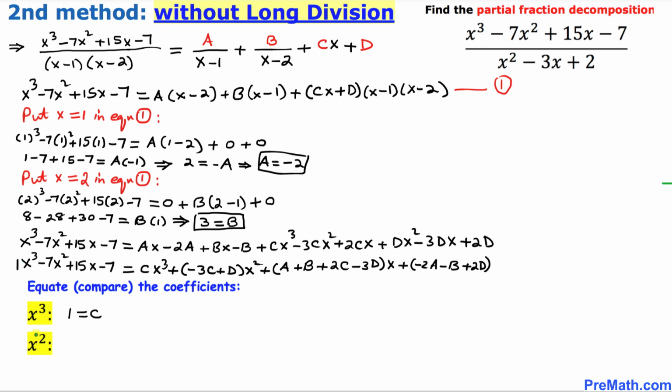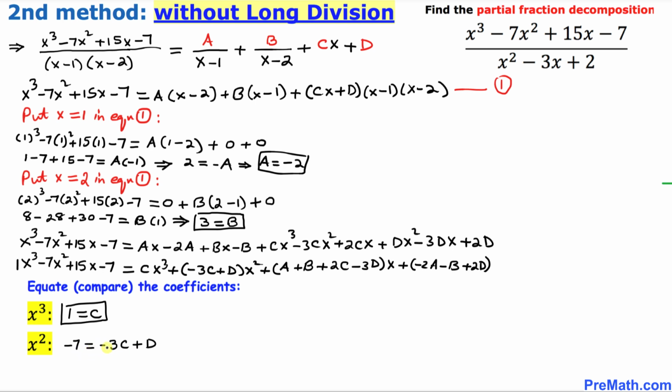And now let's focus on the x squared part. On the left hand side, the coefficient of x squared is negative 7, and on the right hand side, the coefficient of x squared is negative 3c plus d. Let's equate these as well. So we got negative 7 equal to negative 3c plus d. So thus we can see that c value turns out to be 1.